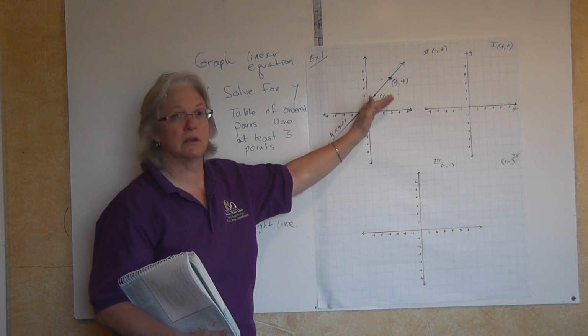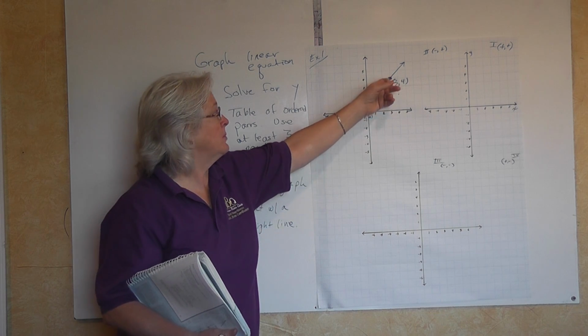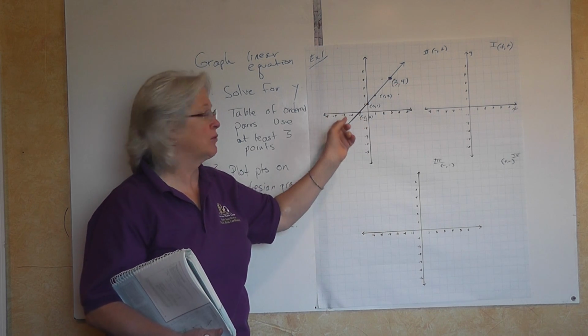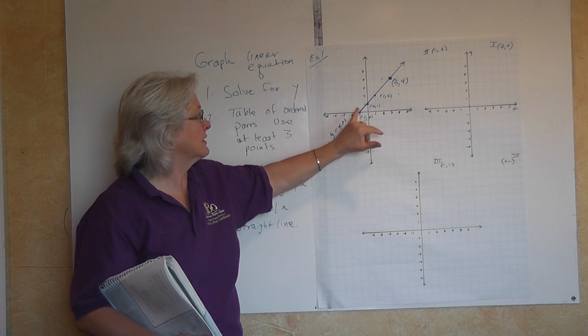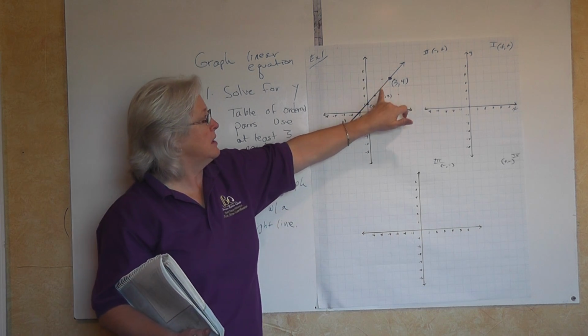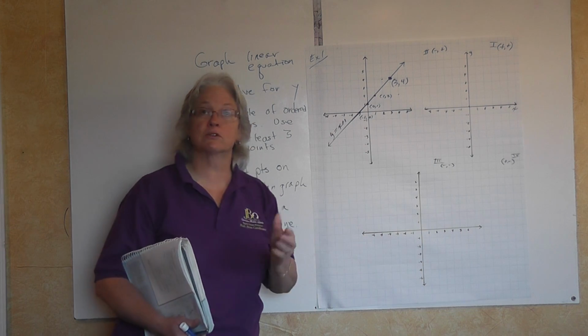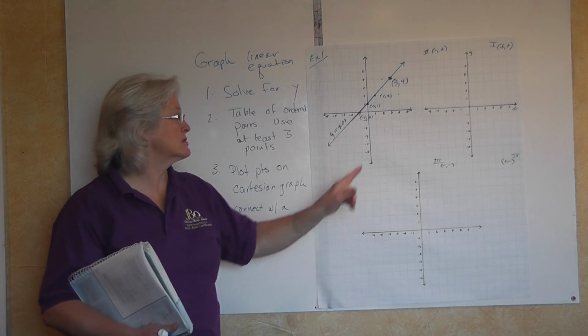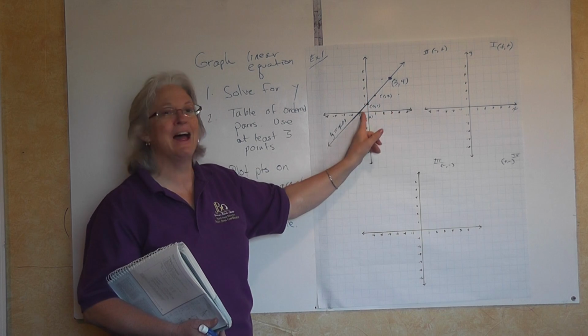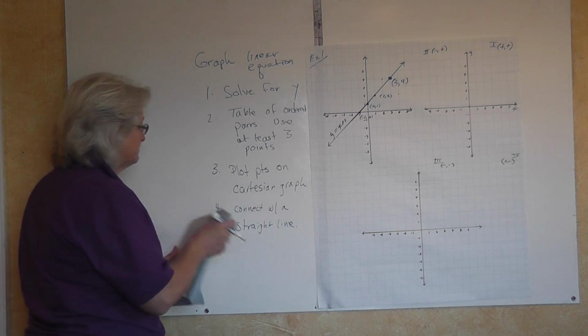When you're finding possible points for your graph of these straight lines, it's sort of self-correcting. If you can't line up those 3 points with your ruler, then you know that you've done something wrong somewhere. You go back and you recheck your calculation, because those 3 points have to be on the same straight line.